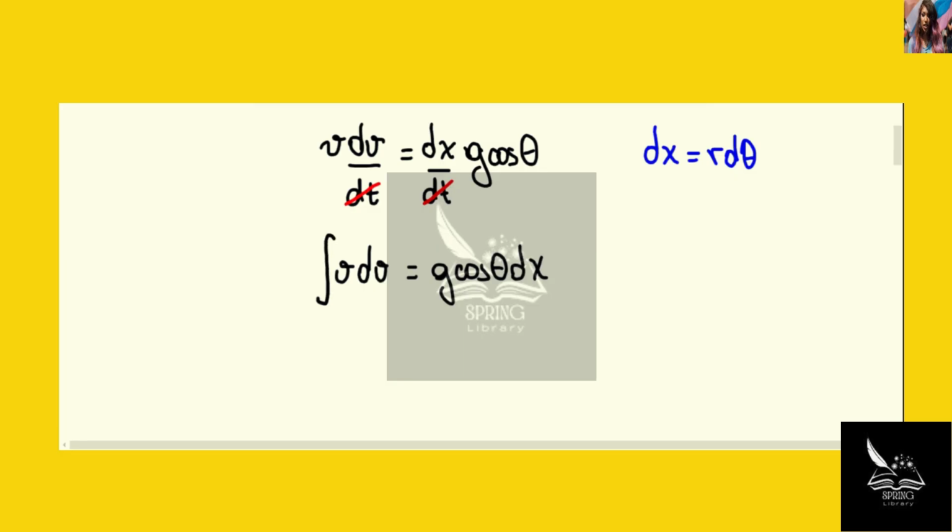Then we have to integrate it. I'm going to integrate it from the initial angle, 0, to the final angle of theta. And in the left-hand side, I'm going to integrate from 0 to v and substitute dx for r d theta.